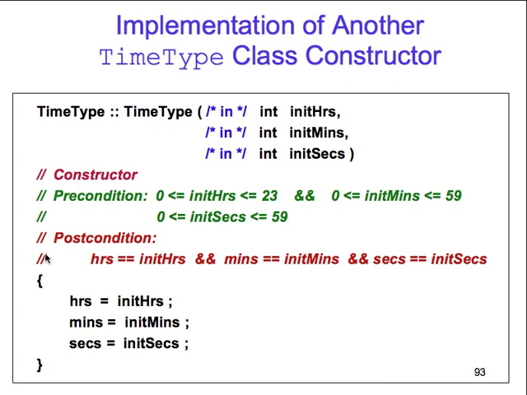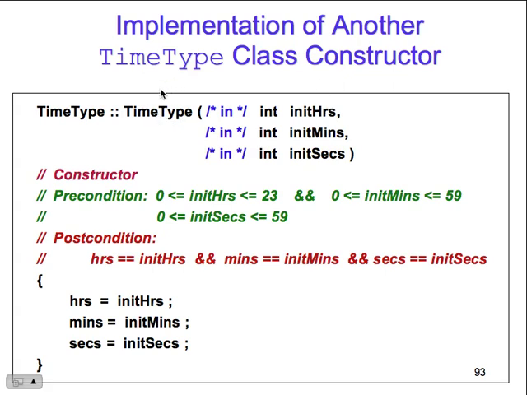Maybe it has time zone on there. Maybe it has something added to it. Time and date would be a modification of the specification, but we have different implementations of it. Which is interesting because we only have one specification, and then we have many different implementations of it that we can use. So we don't have to change the specification to provide a different type of time that we're going to use.